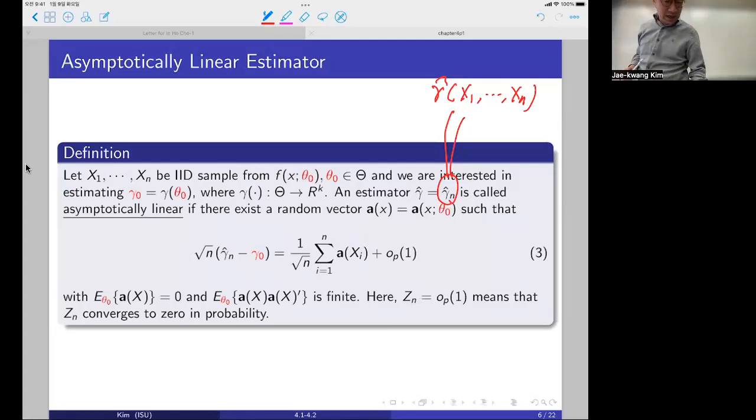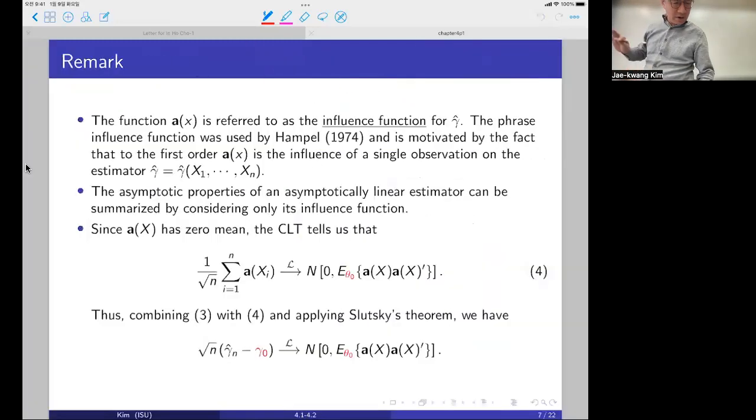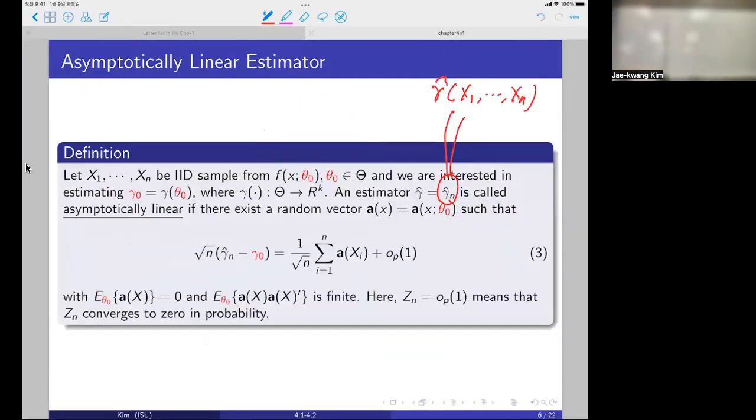Why is this useful? You are interested in the limiting distribution of this estimator, which is the sum of two terms. The first term converges to normal by the central limit theorem. The second term converges to zero. So the sum of the two terms will converge to normal. That is the basic idea.